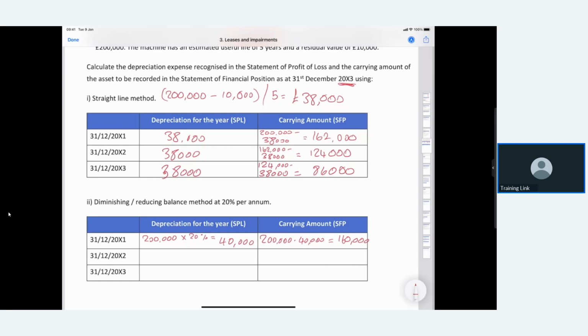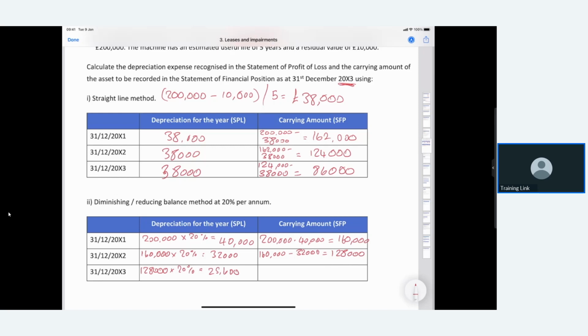So the next year, as I said, it's worked out on the carrying amount or net book value, same thing. 20% equals 32,000. 160 less 32 equals 128. And then year 3, 128. You can see here depreciation getting lower each time.